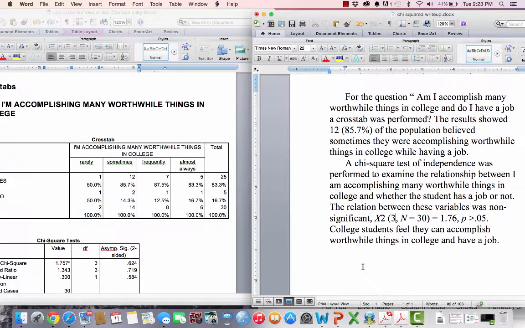Now my analysis of this would be extremely simple. I would be looking at the sometimes they were accomplishing. If I was to write a simple analysis of this, in the data analysis, the students believed that they were accomplishing worthwhile things in college while having a job, period.